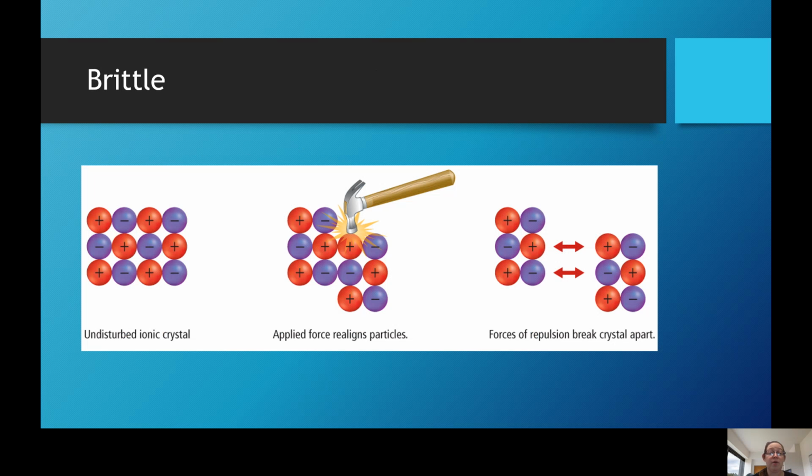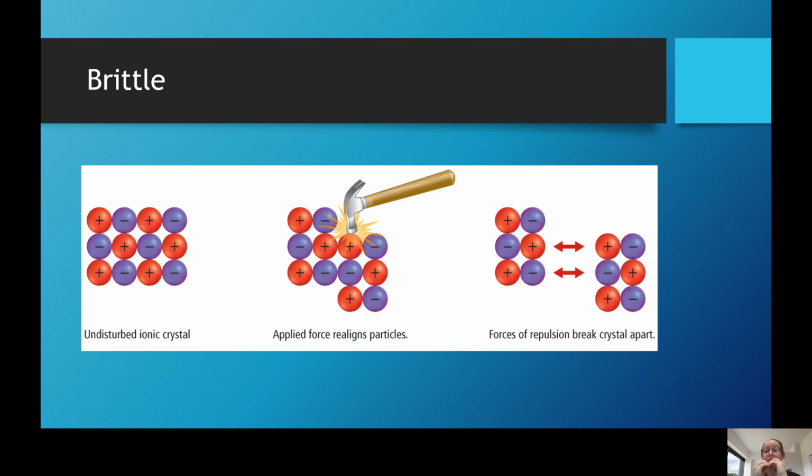So ionic compounds are brittle, and the reason that they're brittle is that an undisturbed ionic crystal has a positive, negative pattern to the way its charges are arranged. No positive charges are ever together. No negative charges are ever together. But if you strike an ionic crystal, what you do is you actually misalign those charges at a molecular level to where that attraction between positive and negative gets broken because now you've got positive and positive together.